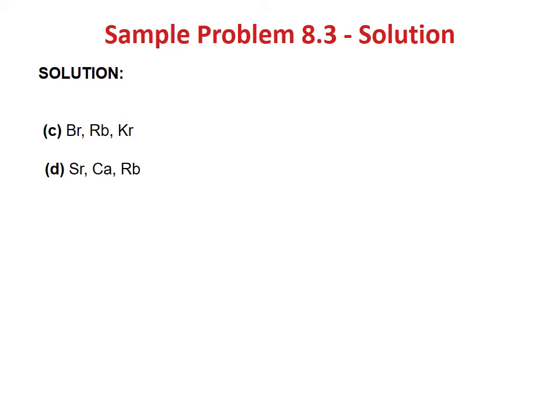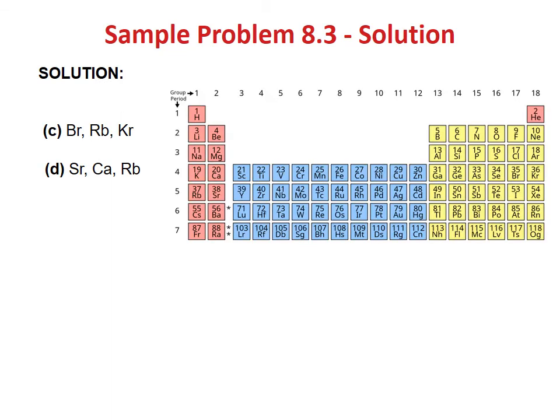Bromine, rubidium, krypton. We find these three elements in the periodic table: bromine is here, krypton is here, rubidium is here. It's convenient if we compare them with potassium, because down the group, rubidium is greater than potassium.